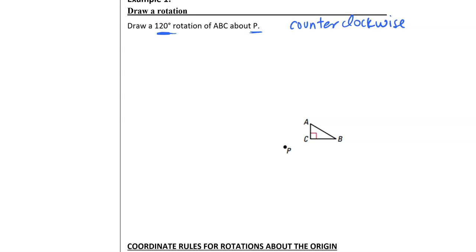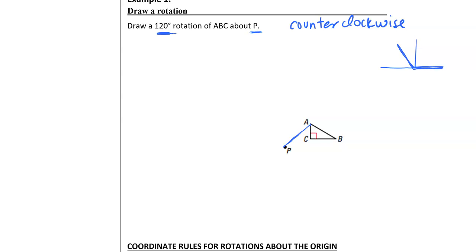What I want to do is take point A and rotate it 120 degrees counterclockwise. So I'm going to connect A to point P. Now, 120-degree rotation. Here's a 90-degree rotation, and of course, this over here would be 180. So I'm going to pretend approximately this is 120, so a little more than 90.